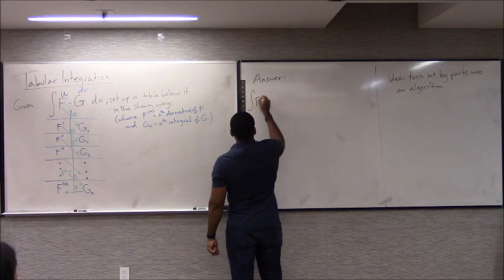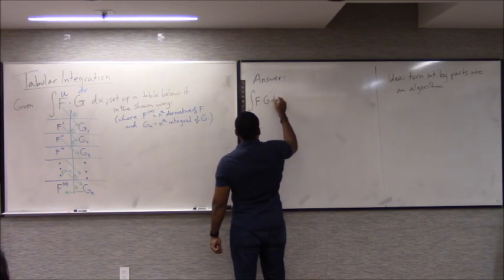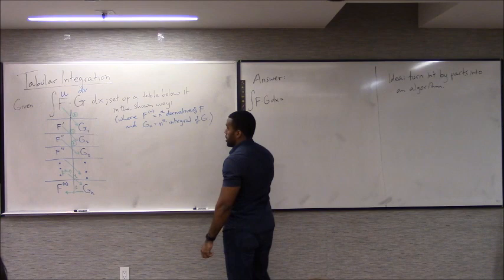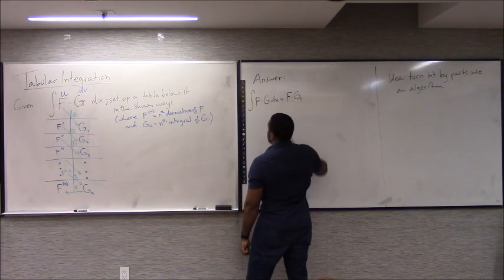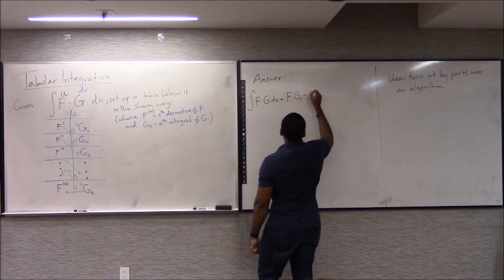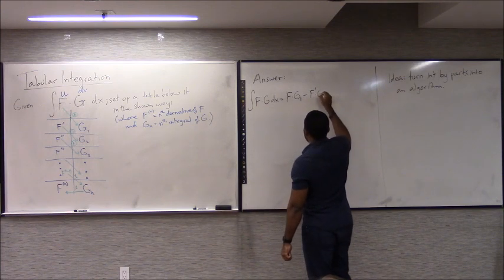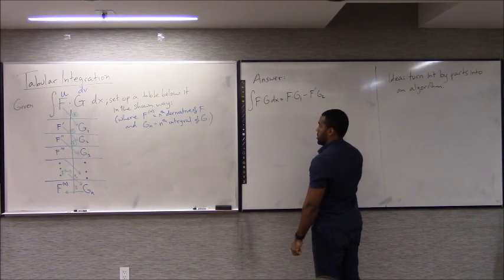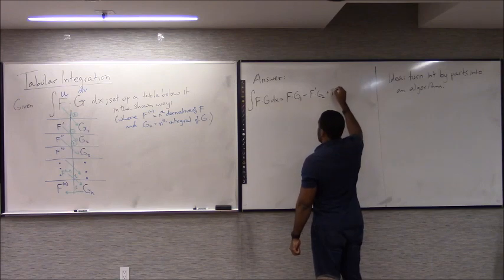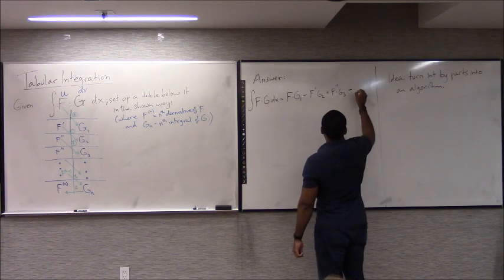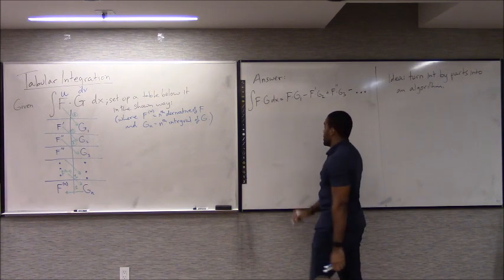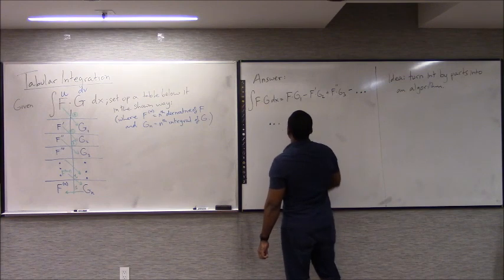So the integral of f times g dx is going to be equal to f times g1 minus f prime times g2 plus f double prime times g3 minus dot dot dot.